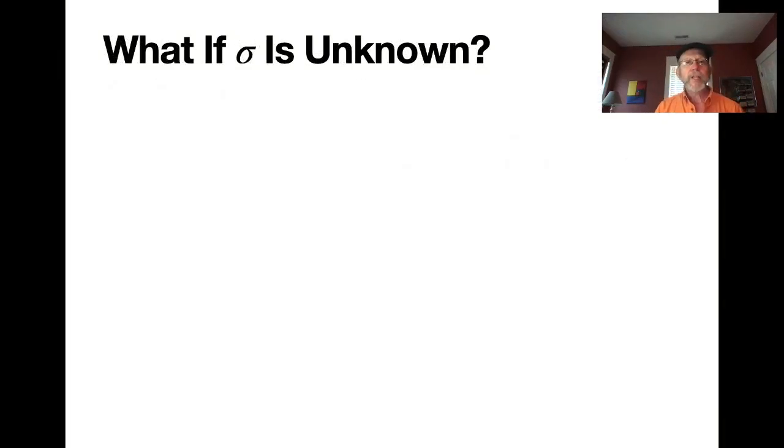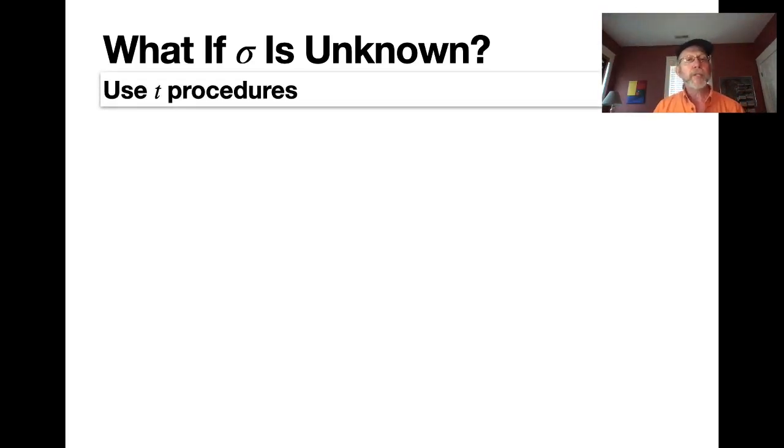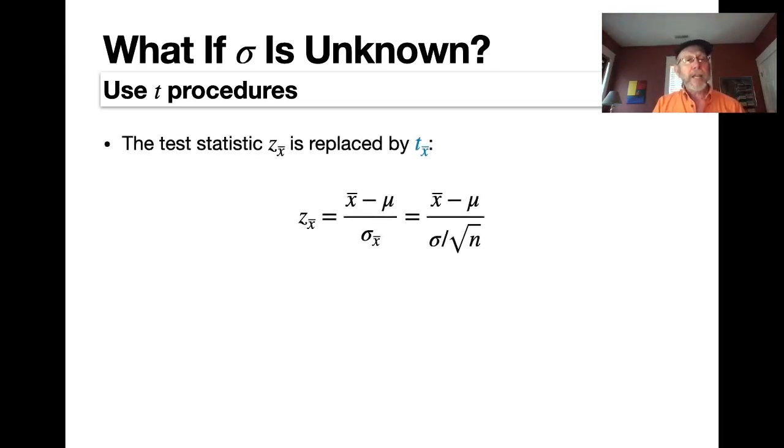Okay, so let's return to this idea of, well, what do we do if sigma's unknown? The answer should be familiar. We're going to be using t procedures and the t-distributions in that case. So let's just trace out what happens. Our test statistic, the z-score for x bar, which you see here, is simply replaced by a t-score.